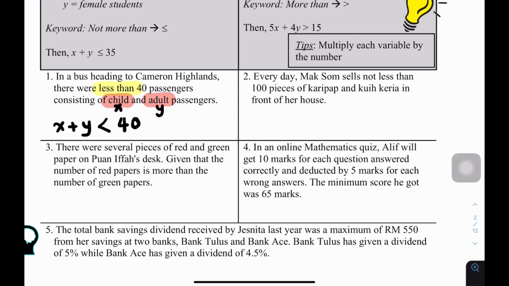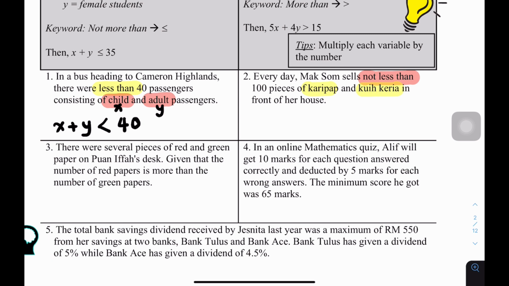Next, number 2. Everyday Maksum sells not less than, kita highlightkan not less than, tidak kurang, 100 pieces of curry puff and kuih keria in front of her house. Di sini pun kita ada dua kuih, satu curry puff, satu kuih keria. So apa kita boleh buat?